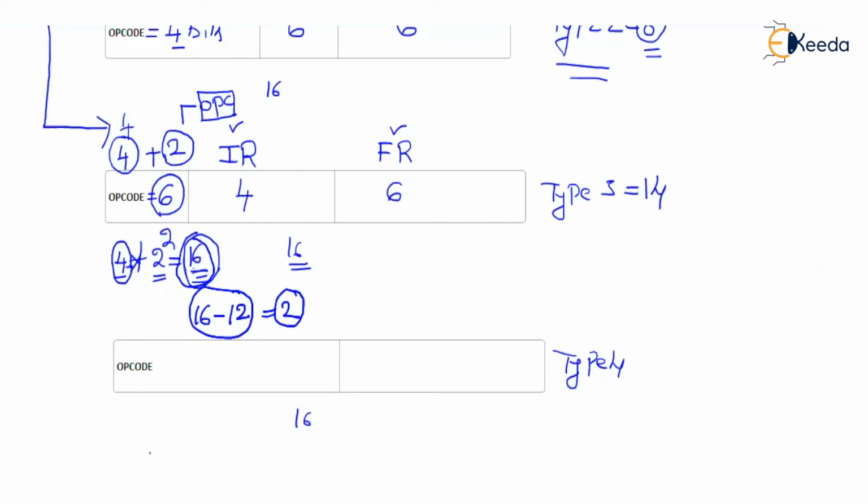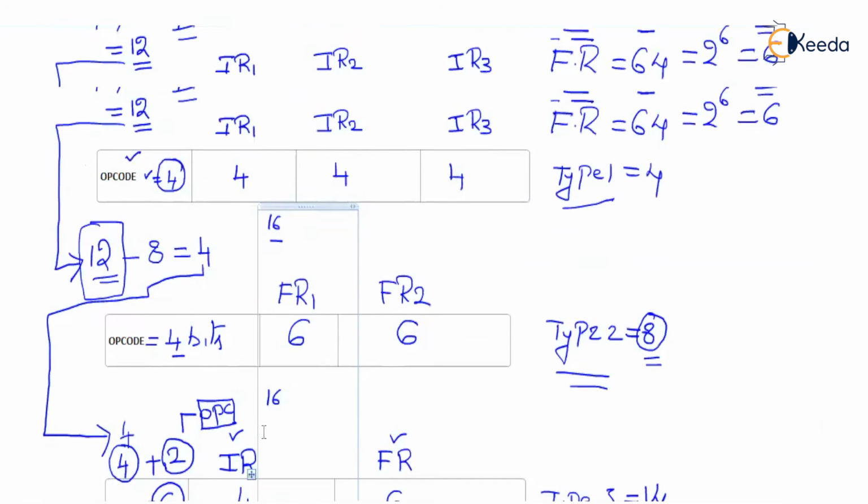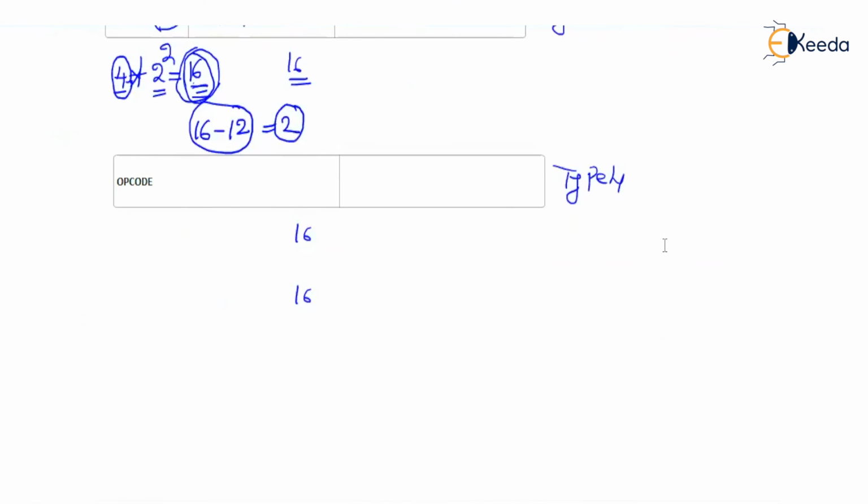Okay, so when it comes to type 4, just have a look at type 4 instructions. We need to find it out. This type 4 instruction has only one operand, that's the floating point register. If it is a floating point register, it will take 6 bits.